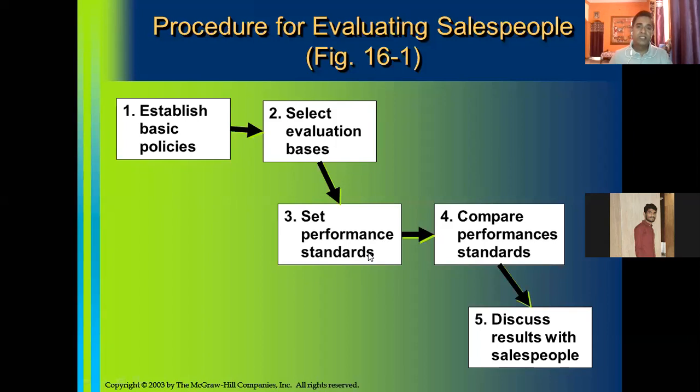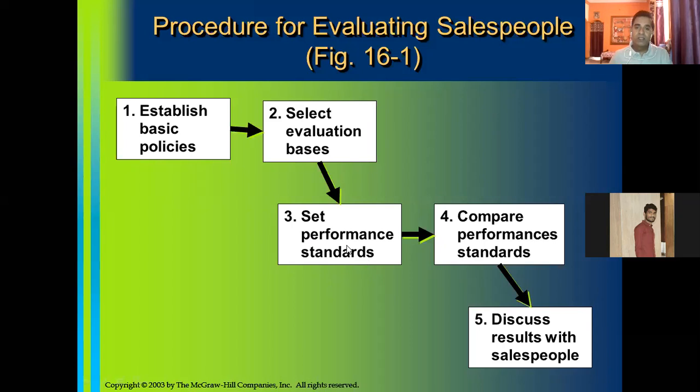For example, if sales volume is one of the bases of evaluating a sales rep, the standard is the sales quota or sales target, say 10 lakh rupees per month. For call rate, let us say 10 doctors plus 5 pharmacies is the performance standard.